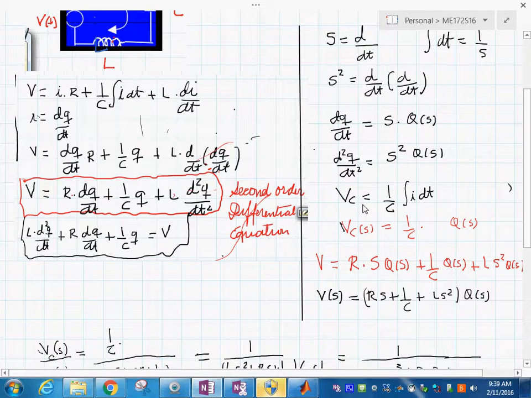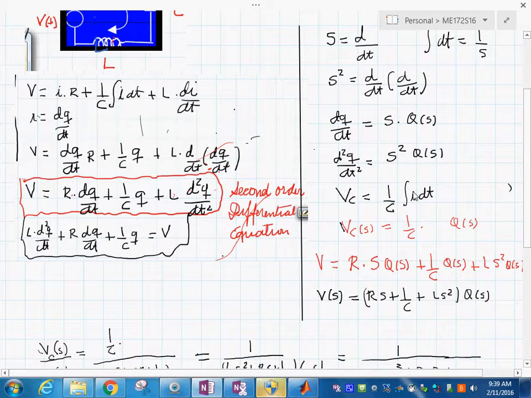If you operate on it and integrate, you obtain Q(s), so it's 1 over C times Q(s).